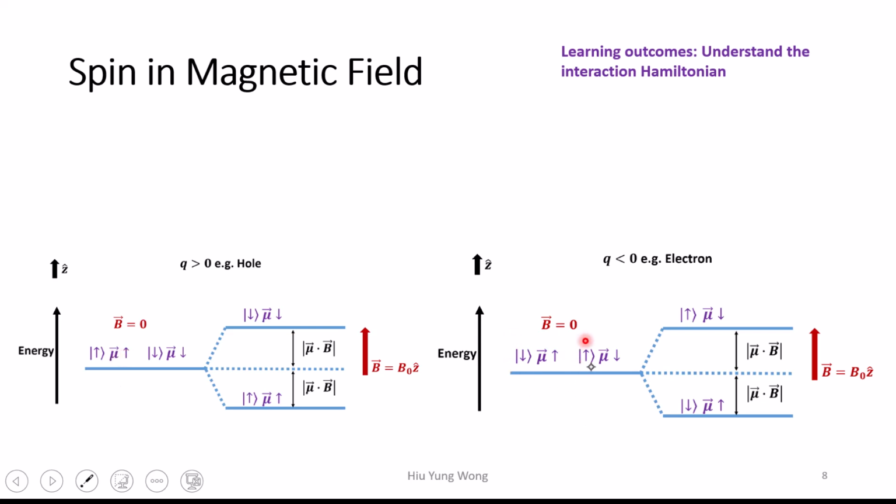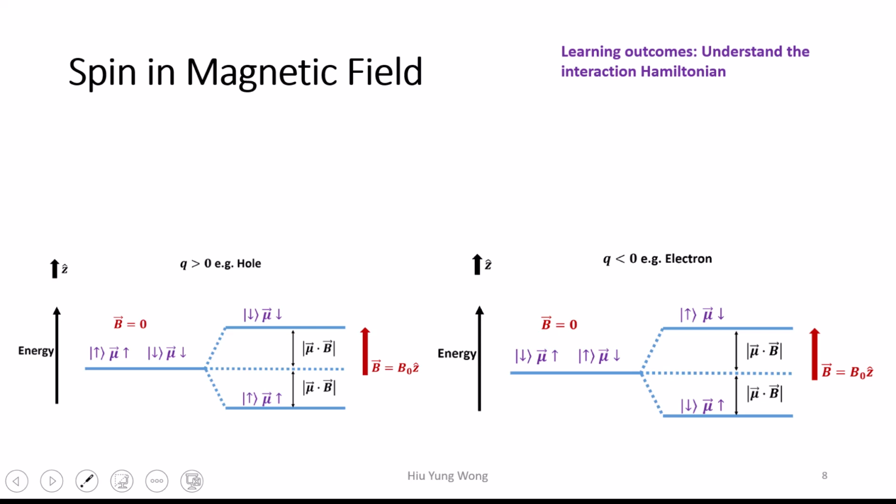Now, if I have an electron that spins down, what is the direction of the angular momentum? Same direction, because for spinning, just think about mechanical.